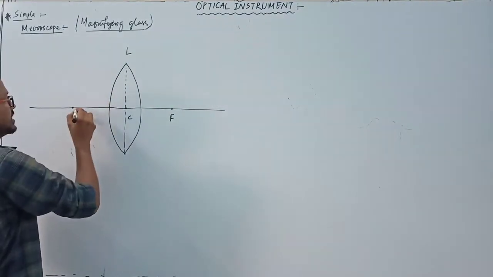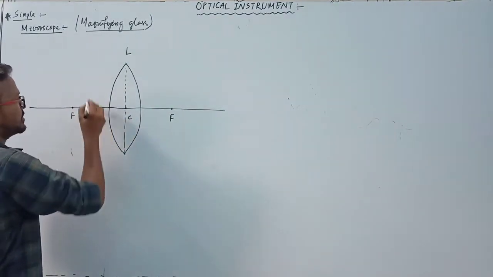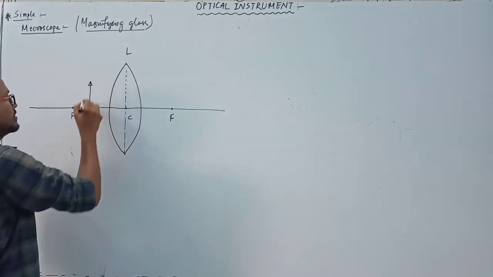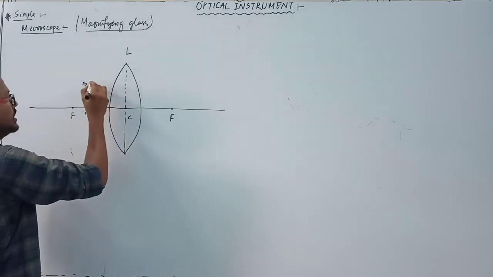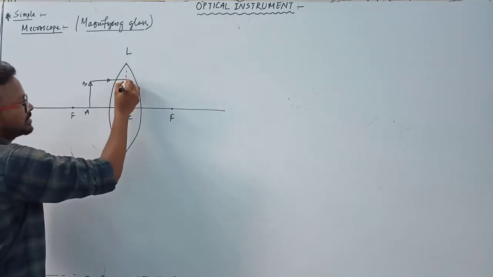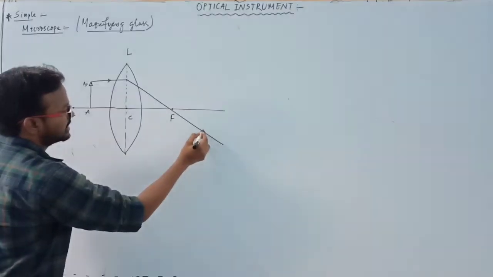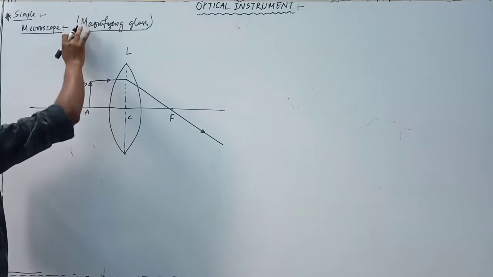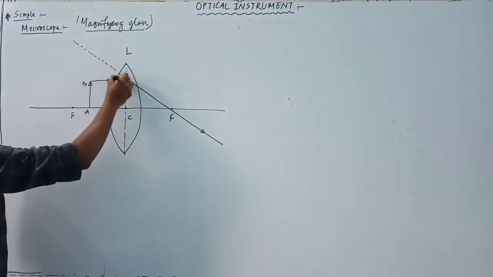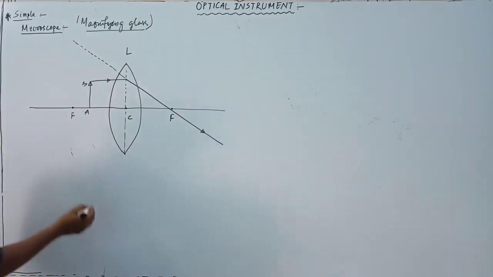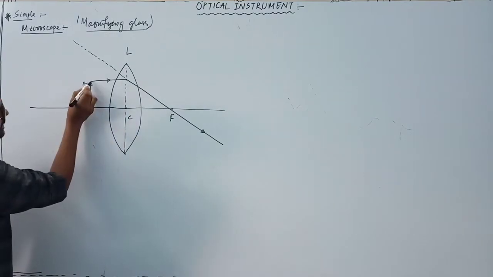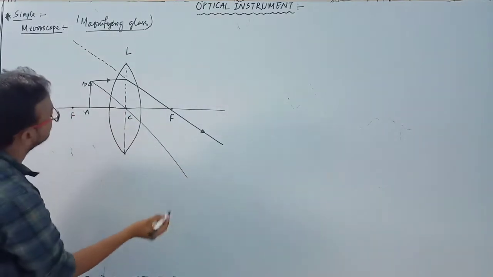Suppose there is an object lying in between the focus and the optical center here, then we get an image. This is object AB, and the ray which is parallel to the principal axis, after refraction through the lens, passes through the focus point like this, and its backward extended ray is like this. Clear? And we already know the ray which passes through the optical center travels undeviated like this.